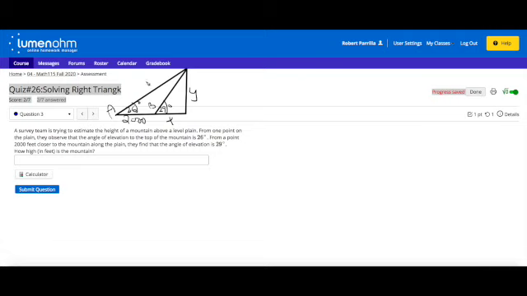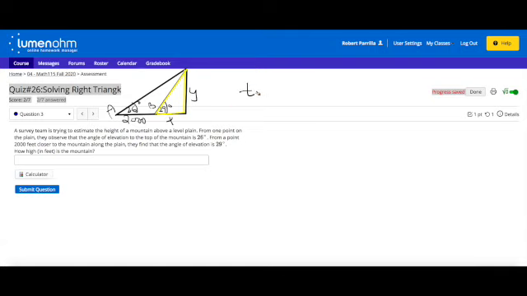So we're going to set up 2 different proportions, and I'm going to highlight these in different colors. I'm going to do the yellow proportion first, and the yellow proportion would be this one here. It's this triangle here. So we're going to look at this first, and we're going to use it in the second one. So the tangent, opposite over adjacent.